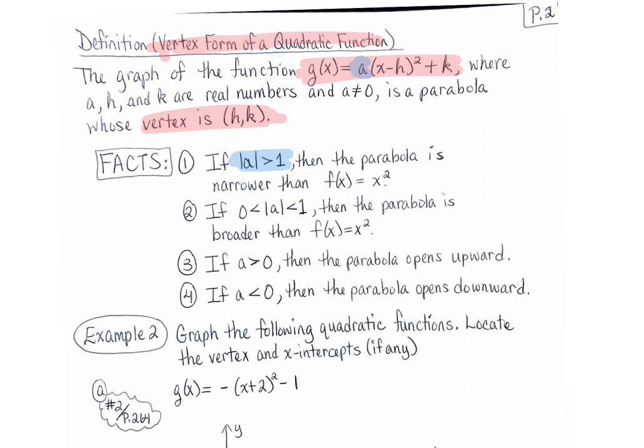So remember on our previous page, we graphed f of x equals x squared, right? Are you with me? Okay. This was f of x equals x squared. The vertex was at the origin, which was 0, 0. So part 1 says if the absolute value of a is greater than 1, then the parabola is narrower than f of x equals x squared.